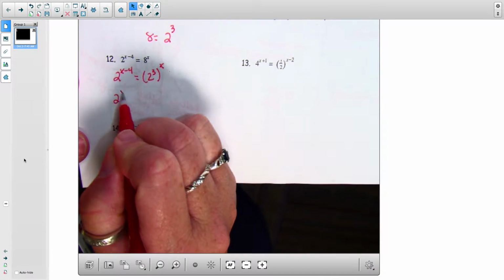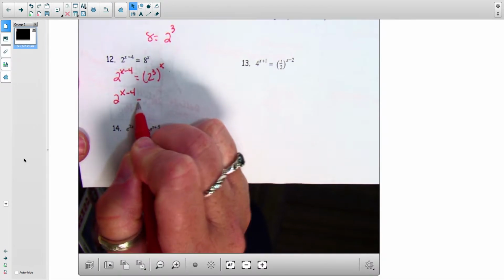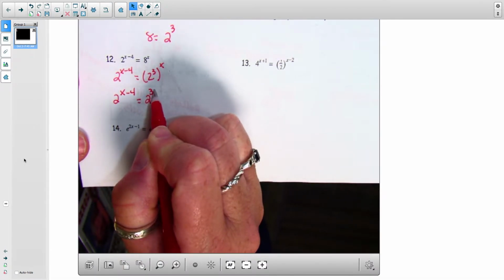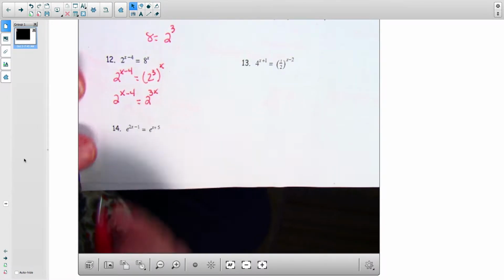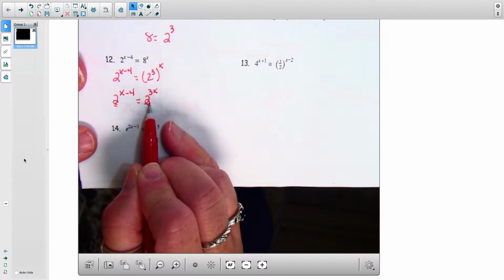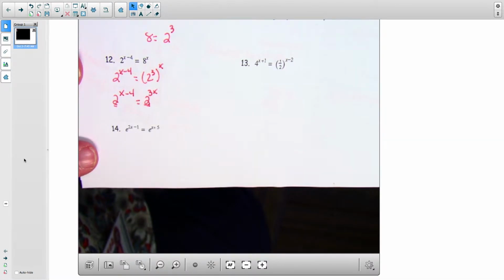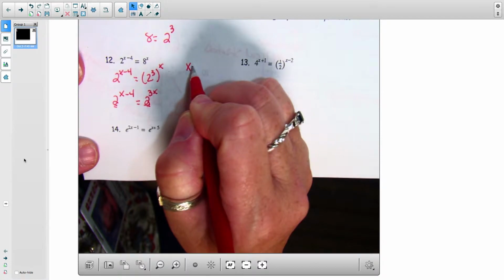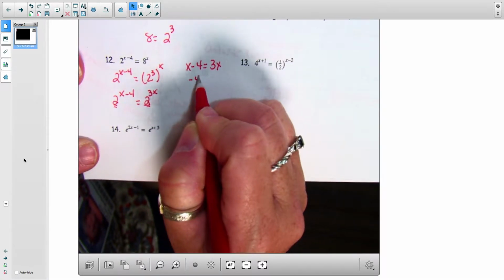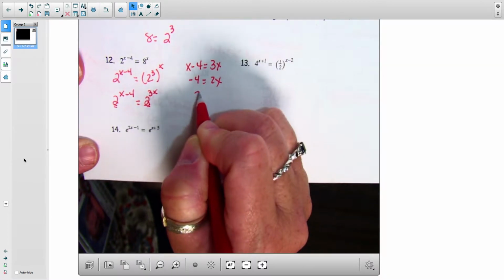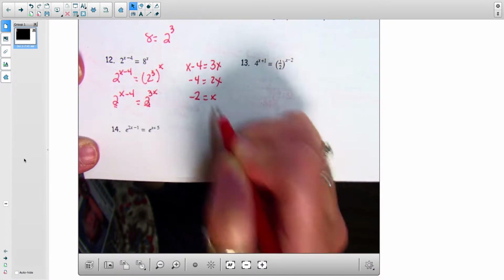So we've got 2 to the x minus 4 equals 2 to the 3x. And now the bases are the same, so what has to happen with the exponents? x minus 4 has to equal 3x. So negative 4 equals 2x, so x equals negative 2.